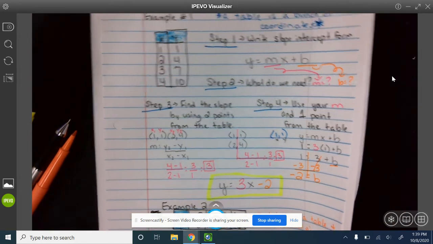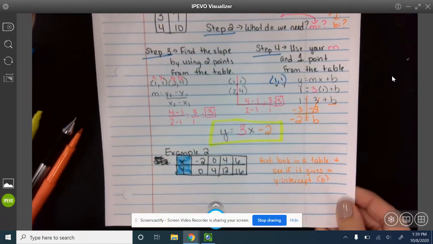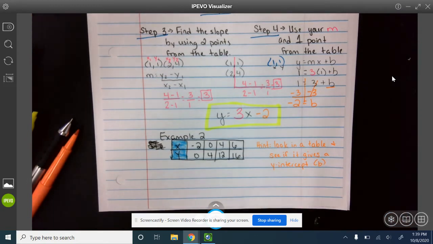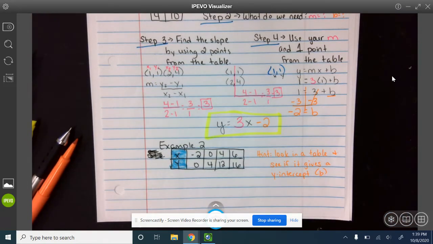Then we have one more example we're going to do together. So the first thing that we do is we've got to pick our points. Like I said, I like to use ones with zeros and positive numbers. So I'm going to choose 0, 4 and 4, 12.